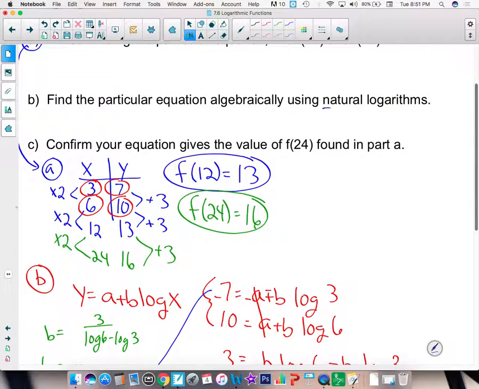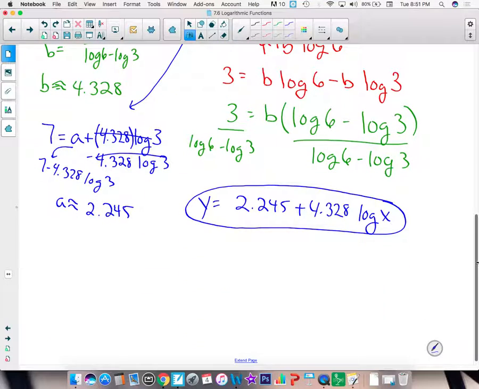Right, I missed that, that's okay. Rather than having logs here, we would have ln, the natural log. It's the same thing. We would just say that natural log is base e. I assumed we wanted to use base 10, so that's why I used logs, but here we'd have to use natural logs. So just change that to natural log x. It'll be the same thing.